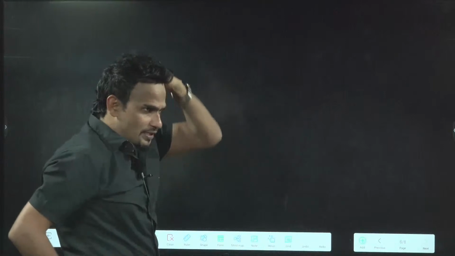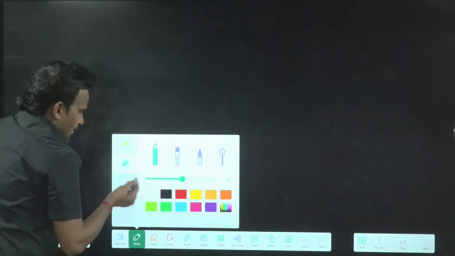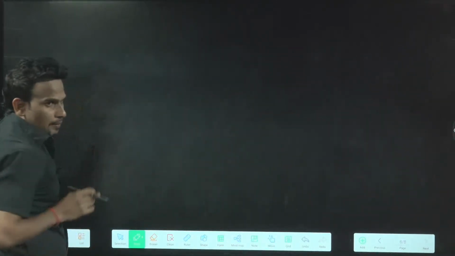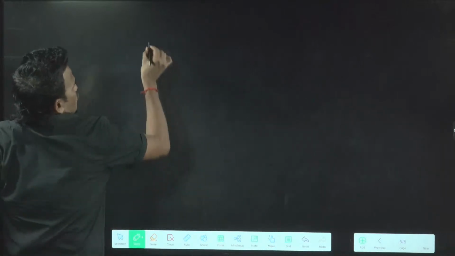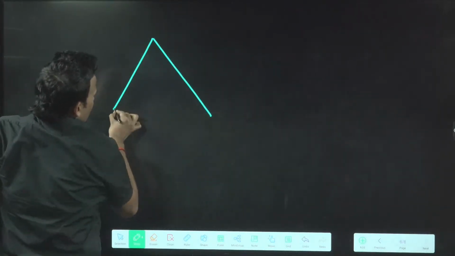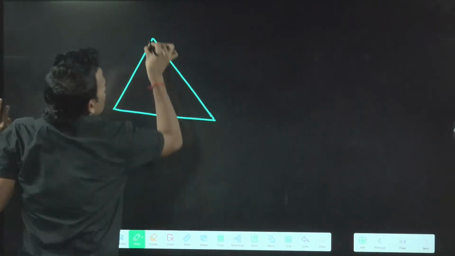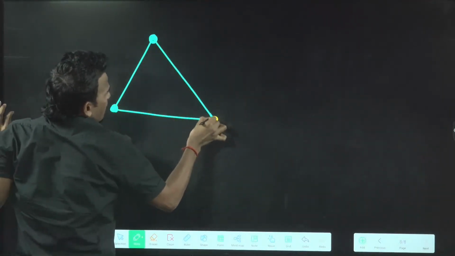Just see how we'll be talking. The question will be like this. They will say 3 particles are present at 3 vertices of an equilateral triangle.